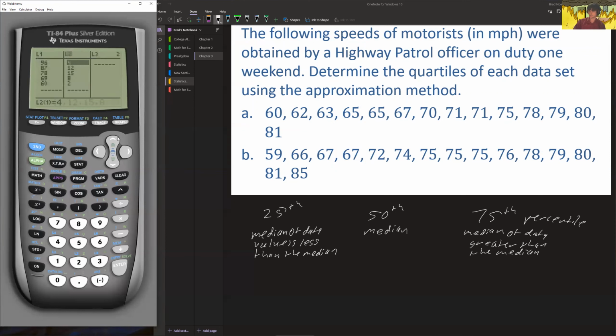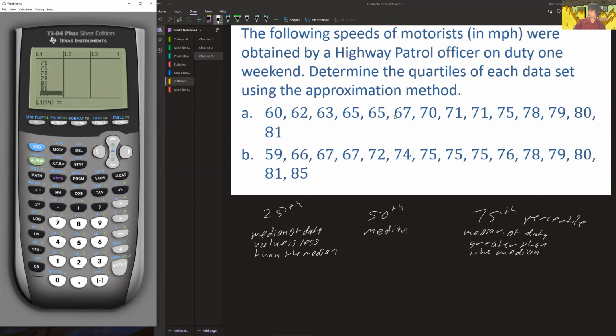So all I'm going to do is clear out my lists from previous examples and just fill in with the data we've got here. 60, 62, 63, 65, 65, 67, 70, 71, 75, 78, 79, 80, and 81.